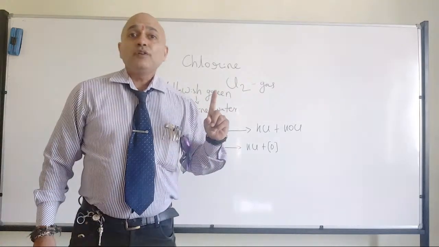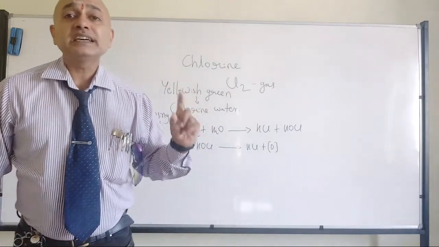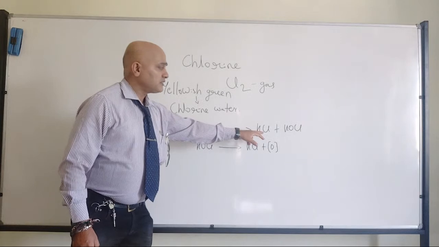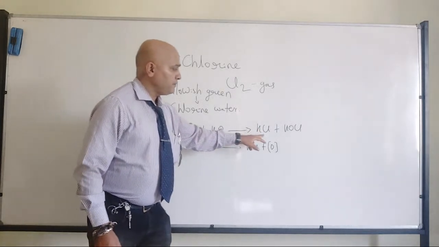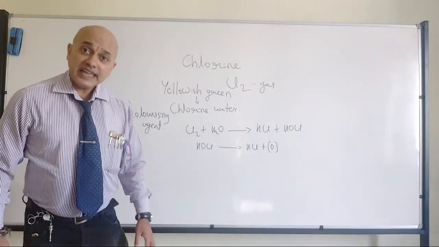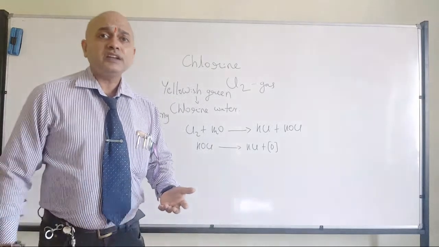One is, why chlorine water, after some time, will lose its greenish yellow color. Then you should tell that it is because of the conversion of chlorine water into HCl and hypochlorous acid. Next, give reason for the decolorizing action of the chlorine.